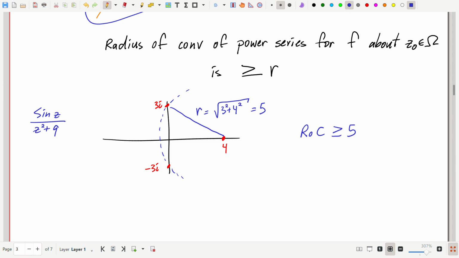So it's definitely not 0 at 3i. And so the fact that that quotient blows up there means the power series couldn't possibly converge on a bigger circle than that, because inside the circle it converges to that function, sine z over z squared plus 9. And so it better blow up.